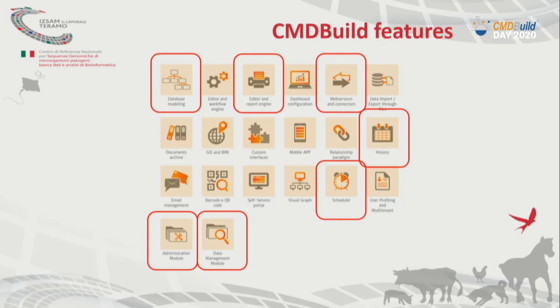But the main reason we use CMDBuild for this kind of information system is its high flexibility in adding characteristics and information whenever a new pathogen arrives, requiring different information to be registered. So the high flexibility of CMDBuild is the most important feature we use for this. Next slide, please.